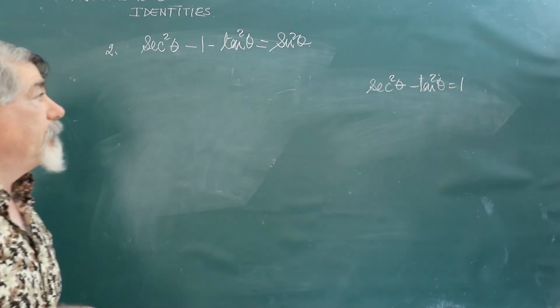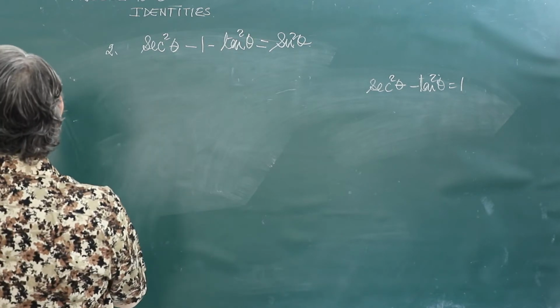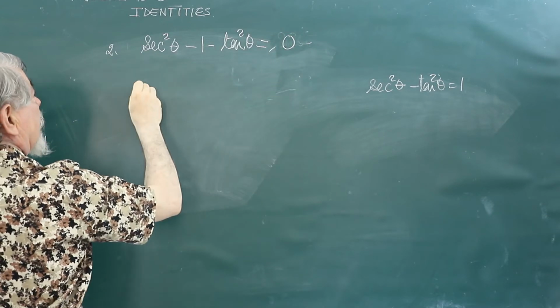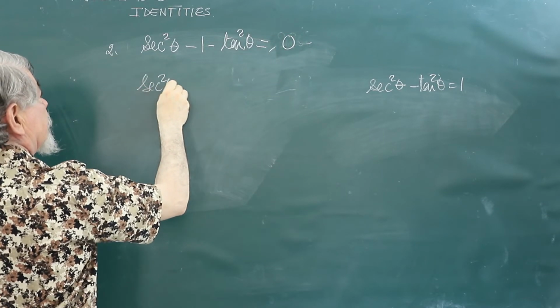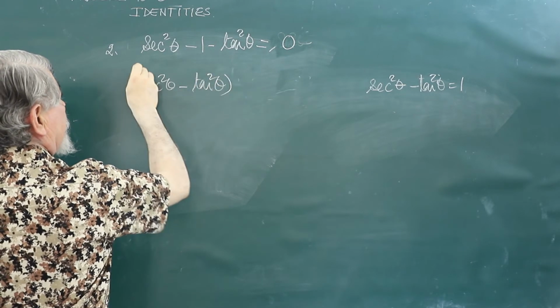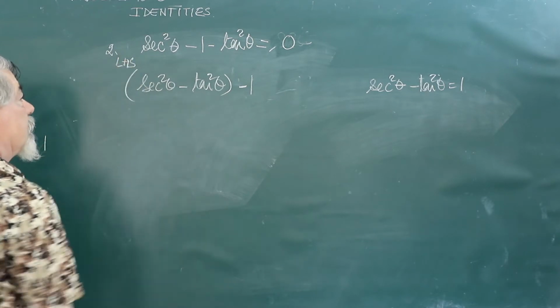So I'll combine sec square theta minus tan square theta and minus 1.